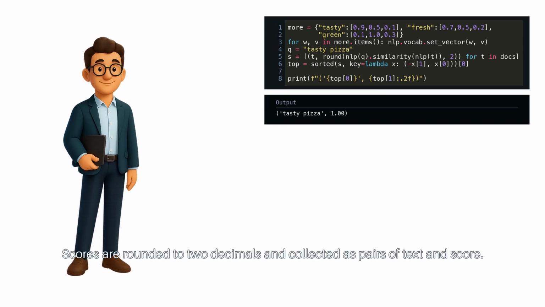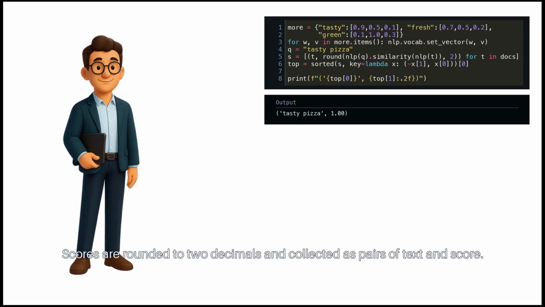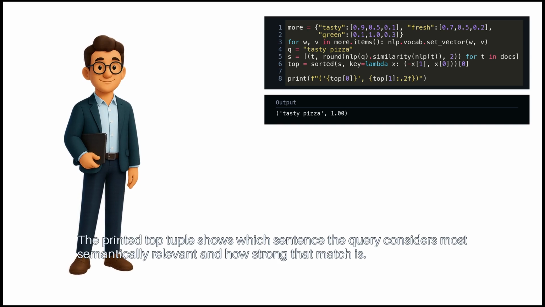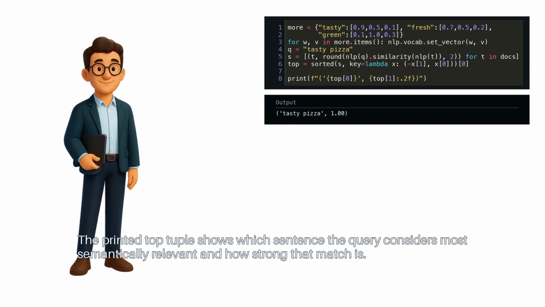Scores are rounded to 2 decimals and collected as pairs of text and score. Sorting picks the best match and uses a deterministic tie-break on the text itself, so results are stable. The printed top tuple shows which sentence the query considers most semantically relevant and how strong that match is.